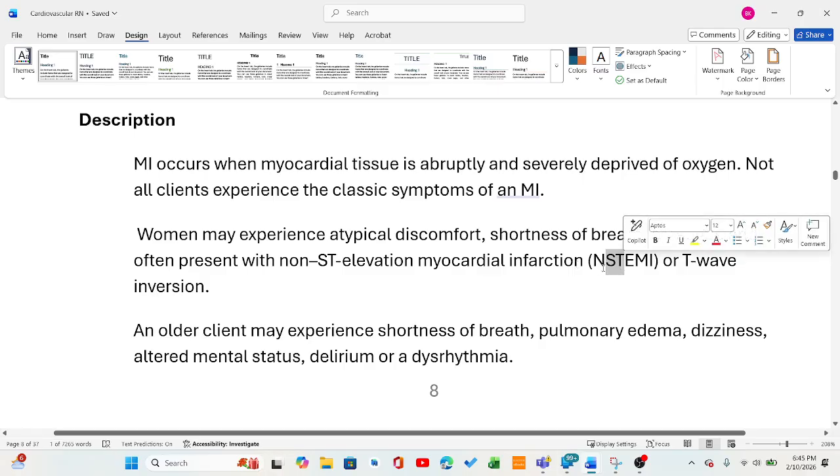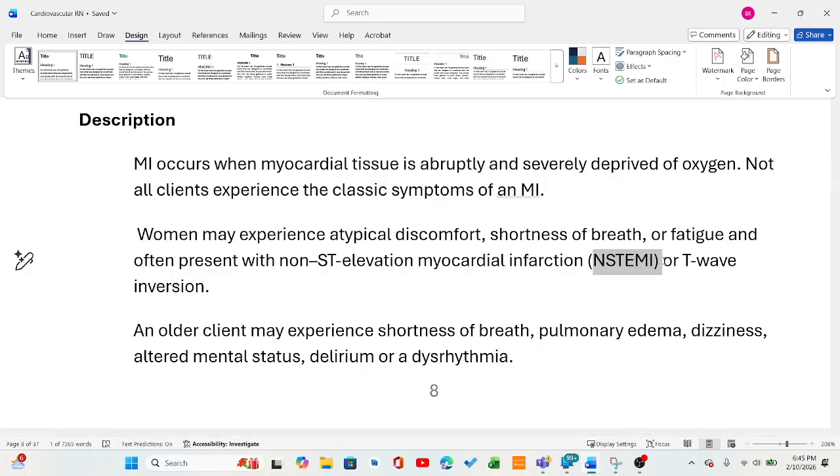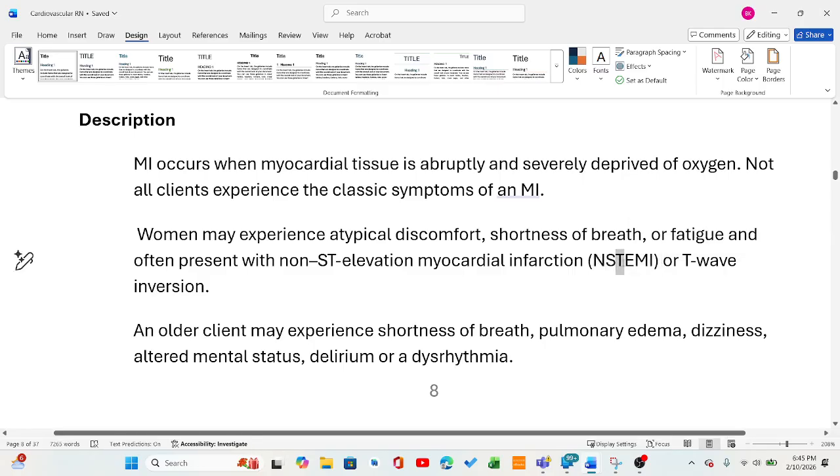So the ST segment was still stable. But the labs showed that the person's troponin levels went up, and therefore we say that the person is having a myocardial infarction, but the ST segment of the EKG did not get elevated, and so we call it NSTEMI.